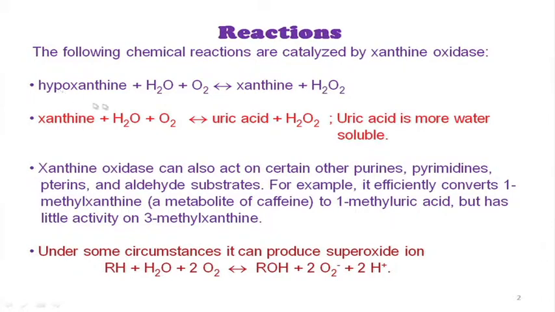Hypoxanthine, in the presence of water and oxygen, produces the xanthine molecule, which is nothing but the corresponding oxygen insertion reaction on the parent molecule, and at the same time it produces hydrogen peroxide. Two such oxygen-bearing molecules are involved in this reaction, because these are oxidase reactions.